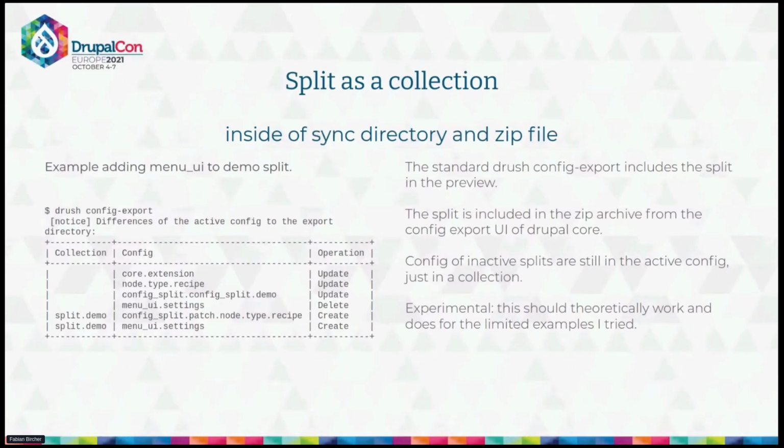And then you see the demo split collection, where the config split patch node type recipe gets created. This is what I was talking about earlier. This config split patch contains the information on how the node type recipe changed when the split was created.